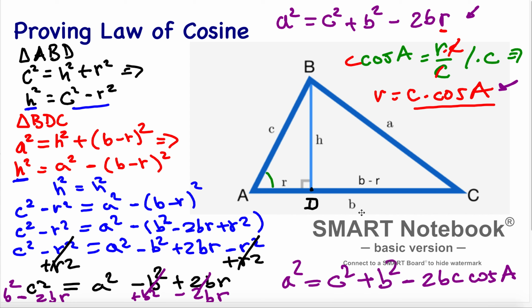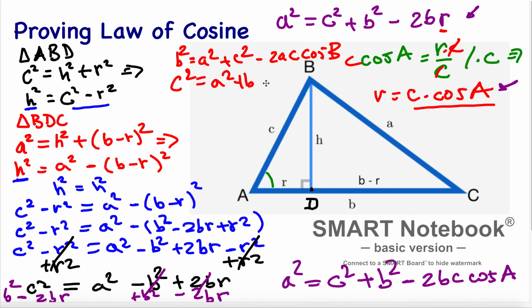Because those are similar, it's not necessary to write out the proof, but we can just write them here. So b squared is going to be equal to a squared plus c squared minus 2ac cosine B. And the same thing, c squared is going to be equal to a squared plus b squared minus 2ab cosine C. So in the same way, we derive those formulas the same way we derived this formula here.